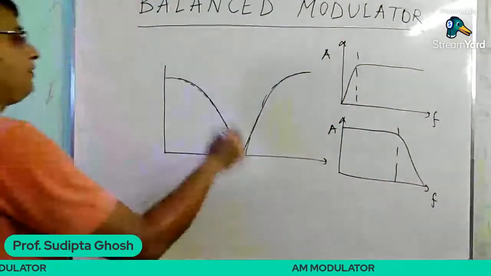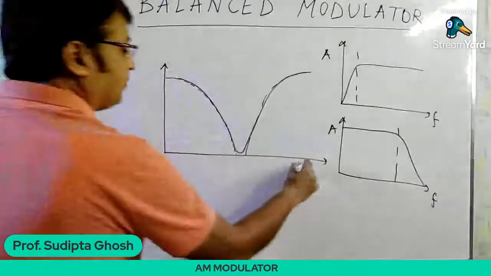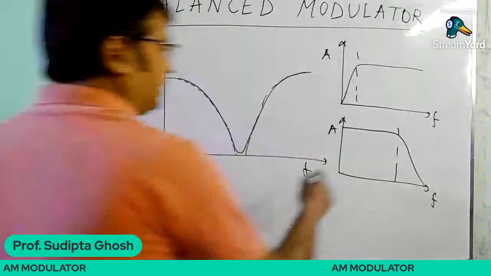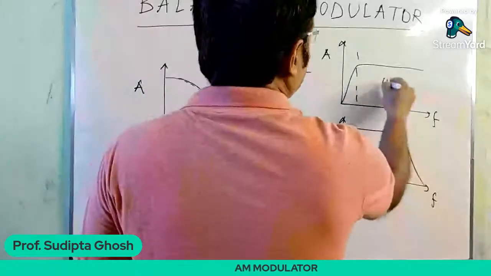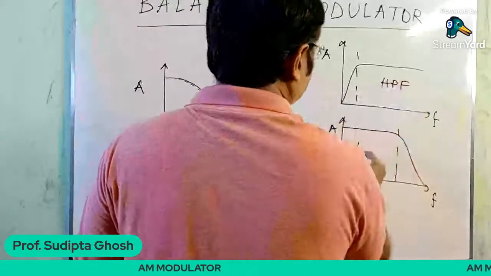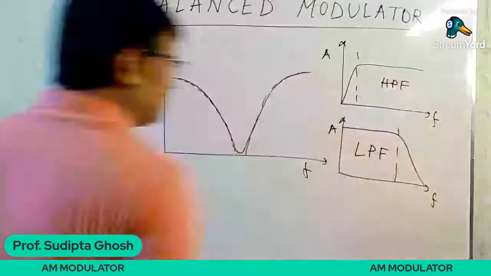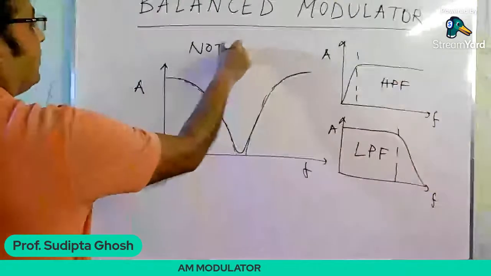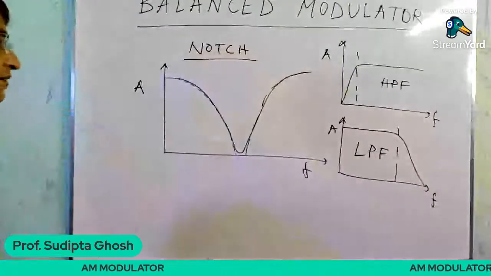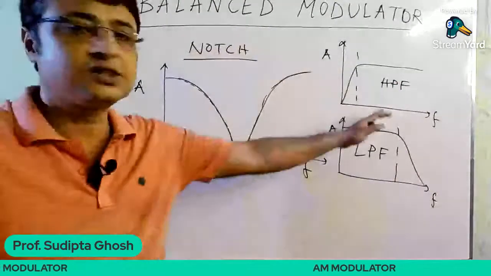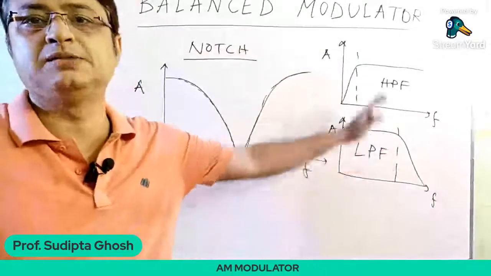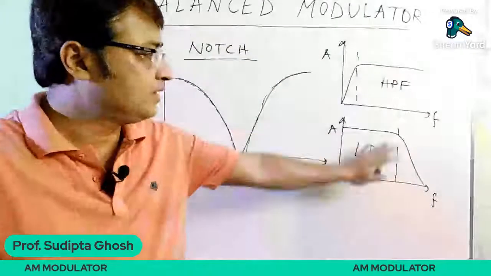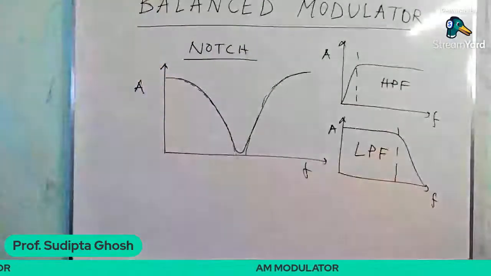So this one is the frequency spectrum for a band reject or notch filter. With reference to these two basic filter circuits, one is the low pass and the other is the high pass filter.